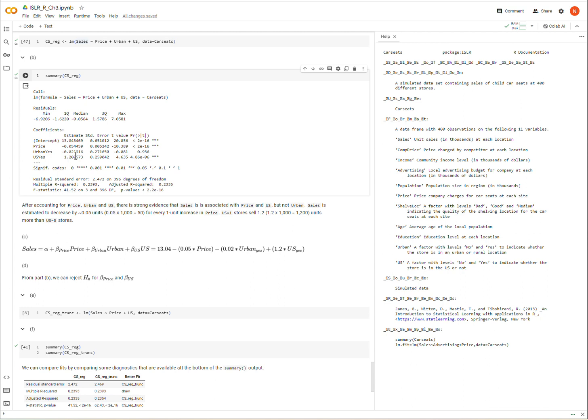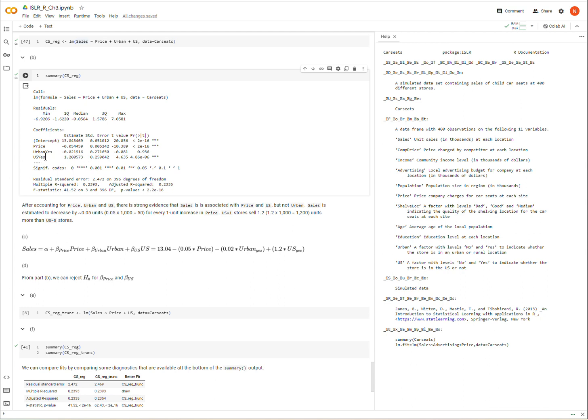But anyway, similarly for US, when a store is in the US, yes. I don't add that label; R automatically adds it, because if it's a factor with 2 levels, it has to tell us which one has the estimate of 1.2.